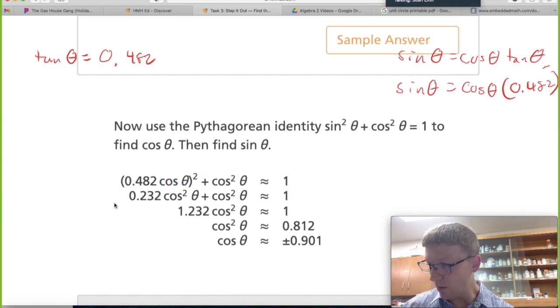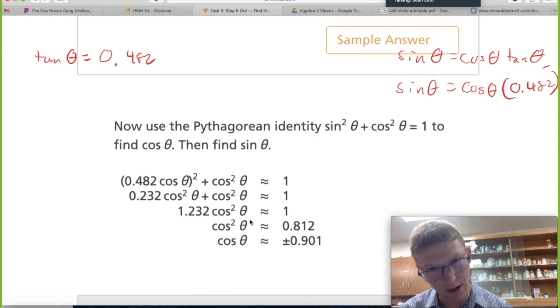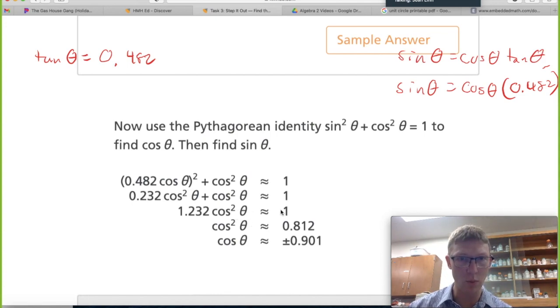That's kind of how I tend to think about it: in my brain, I switch that into a variable and do algebra. So then we can add these two together, and there's an implied 1 here. So now we have 1 x squared, or 1 cosine squared, approximately equal to 1. So we divide both sides by this, we take the square root, and now we're at this part right here.